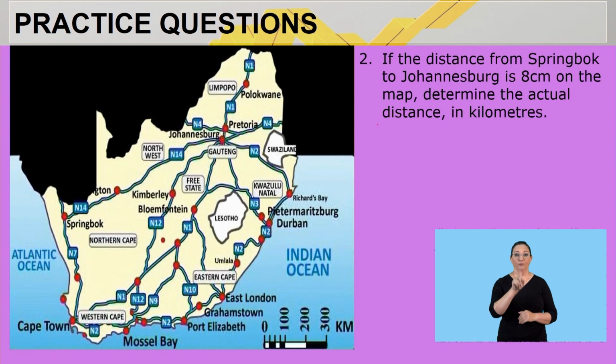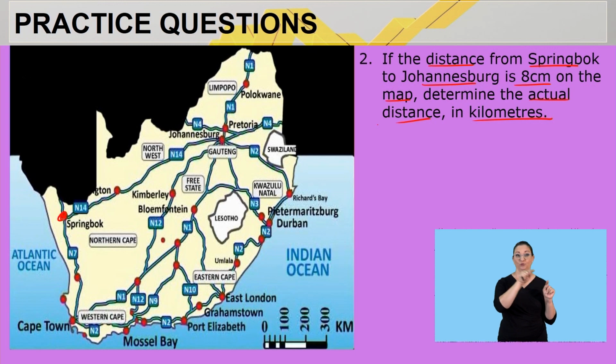In question number 2, it says, if the distance from Springbok to Johannesburg is 8 centimeters on the map, determine the actual distance in kilometers. So let's quickly see Springbok and Johannesburg.